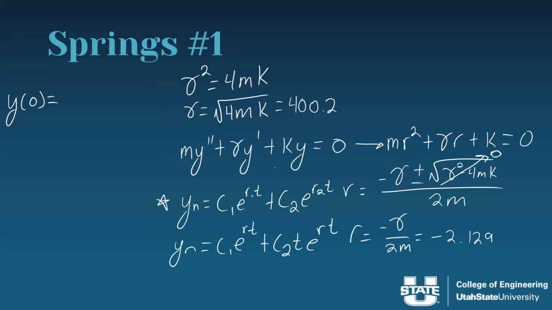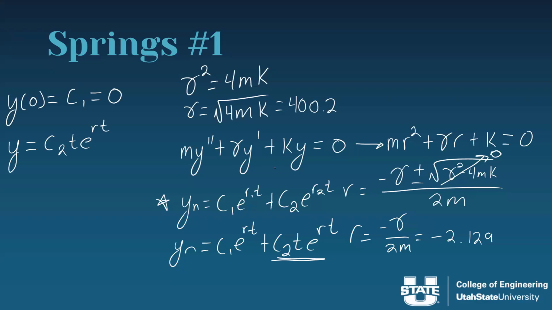We just get C1 because this second term is multiplied by a t. So when we plug in 0 for t, this whole term goes away. And that's equal to our initial condition. What was our y of 0? 0. That helps make our lives a little bit easier, because now I'm just going to rewrite our y as C2 t e to the rt.